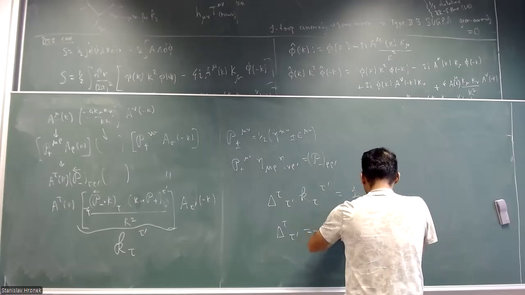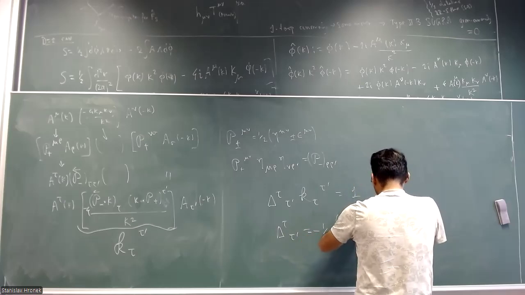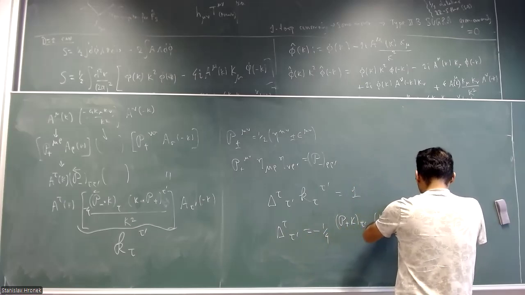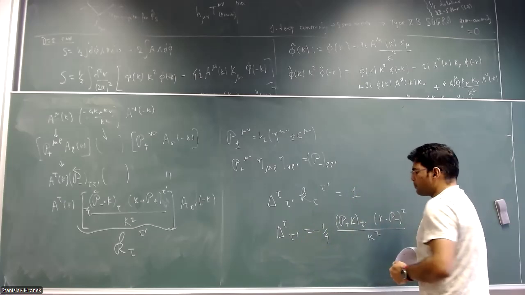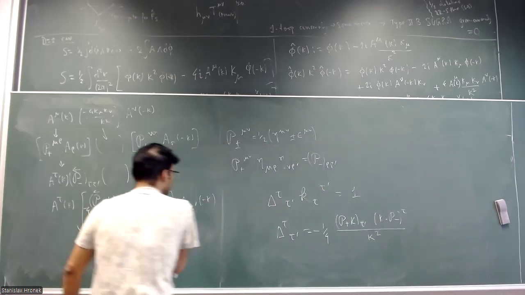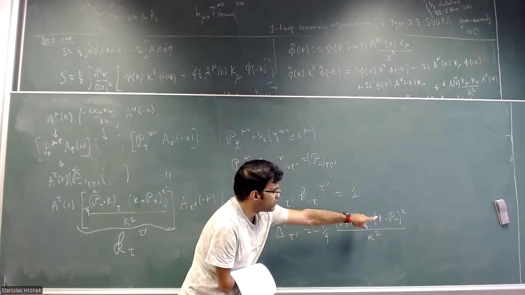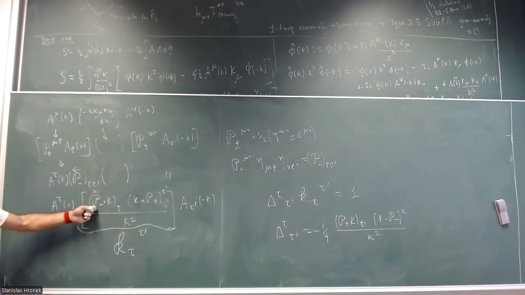Now you have P plus K. And why is this the inverse? Look at it. The rightmost side of this is P minus. The leftmost side of this is P minus. So this P minus you can simply collapse. And then K tau becomes K squared.